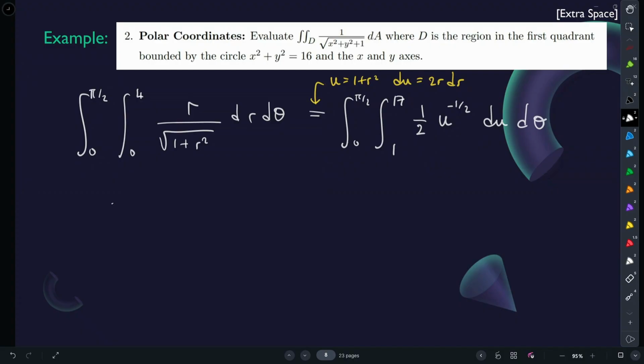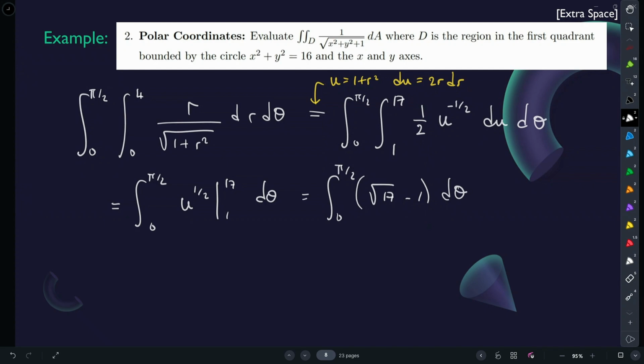And then if you integrate this, you get the integral from 0 to pi over 2 of u to the 1/2 between 1 and 17 d theta, which is the integral from 0 to pi over 2 of the square root of 17 minus 1 d theta, and that does not depend on theta, so this is just the square root of 17 minus 1 times pi over 2.